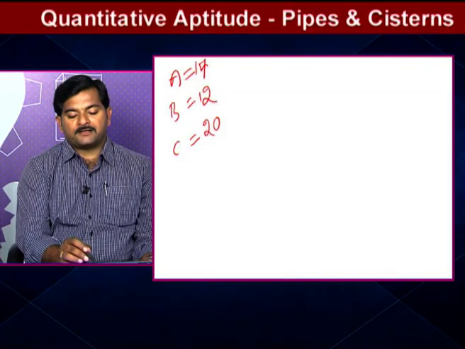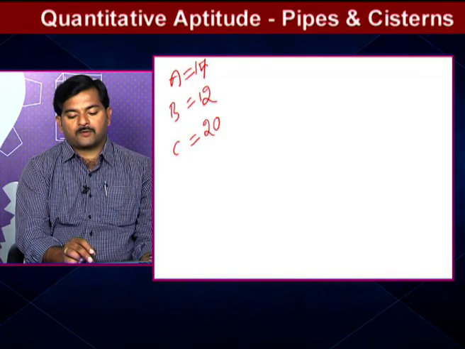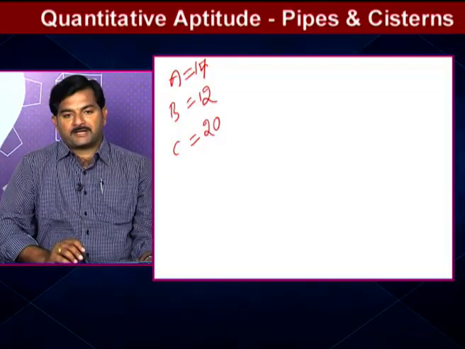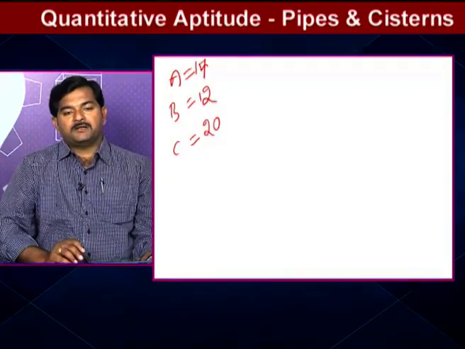Here it's very clear, the LCM is 60. Now we take the factors. 15 4s are 60, 12 5s are 60, 20 3s are 60.